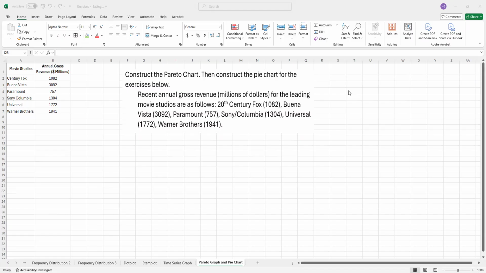What they ask you to do in this exercise is also to construct a pie chart to display qualitative data. So bar chart, Pareto chart, pie chart: you use them to display qualitative or categorical data.